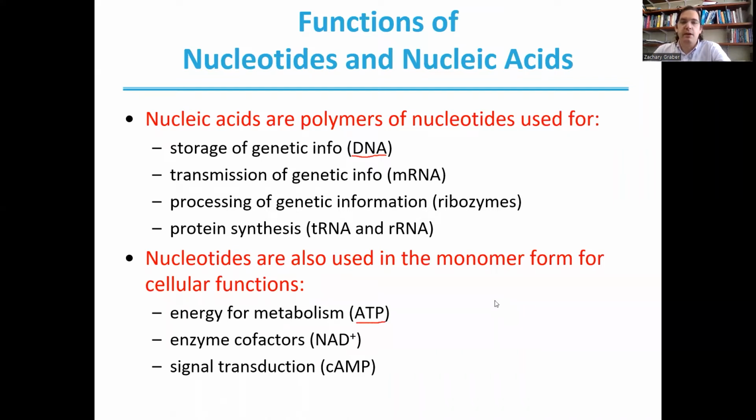So again, as always, in order to understand all these different functions of our nucleotide and nucleic acid class of biomolecules, we're going to start by looking at the basic structure of our monomers, and then we'll see how those are linked together into more complex polymers in order to carry out all of these various complex roles.